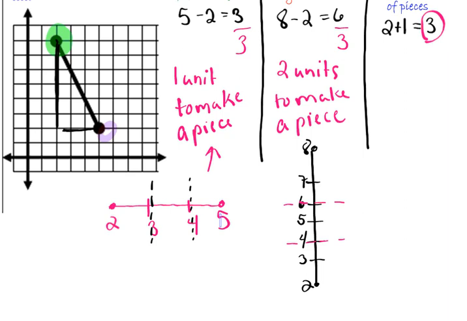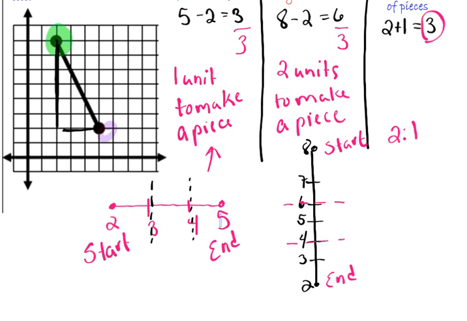Now, this is where it becomes very important that we know where we started. Okay? I started here, and I end here. But in the vertical direction, I started here at the 8, and I ended at the 2. So I'm going to use my information on my ratio that says I'm looking to be 2 units from the start and 1 unit from the end.